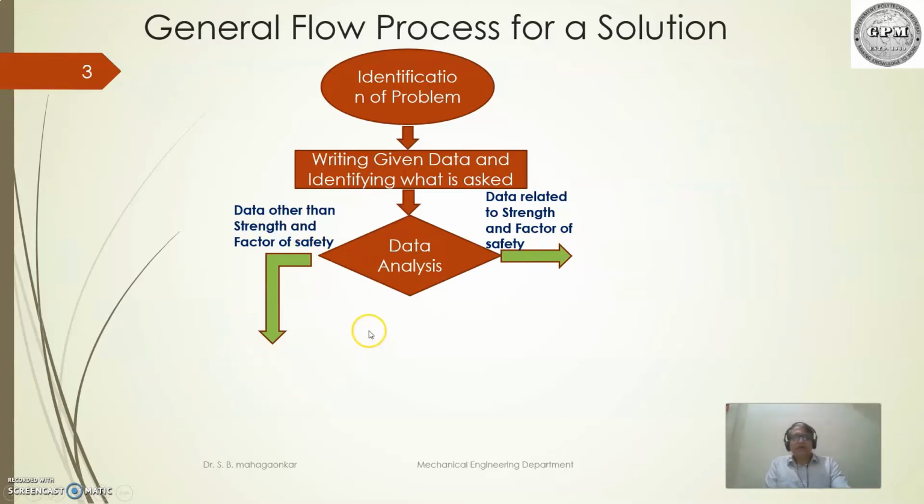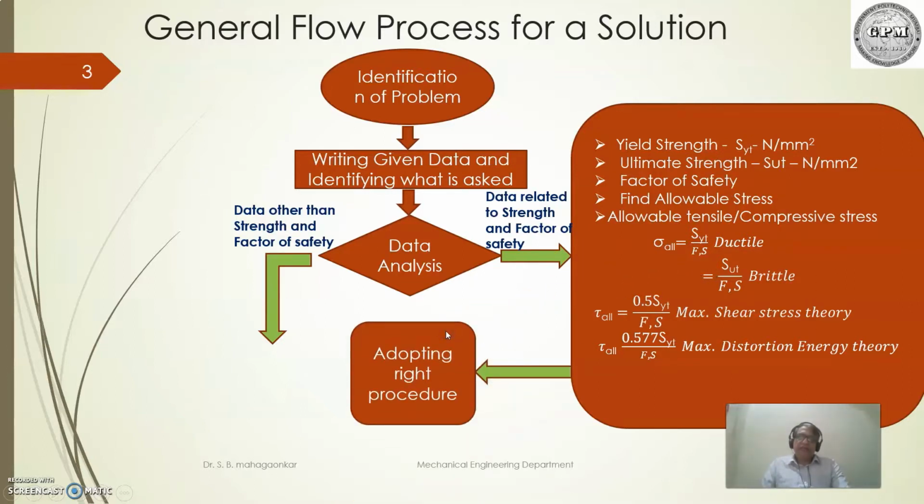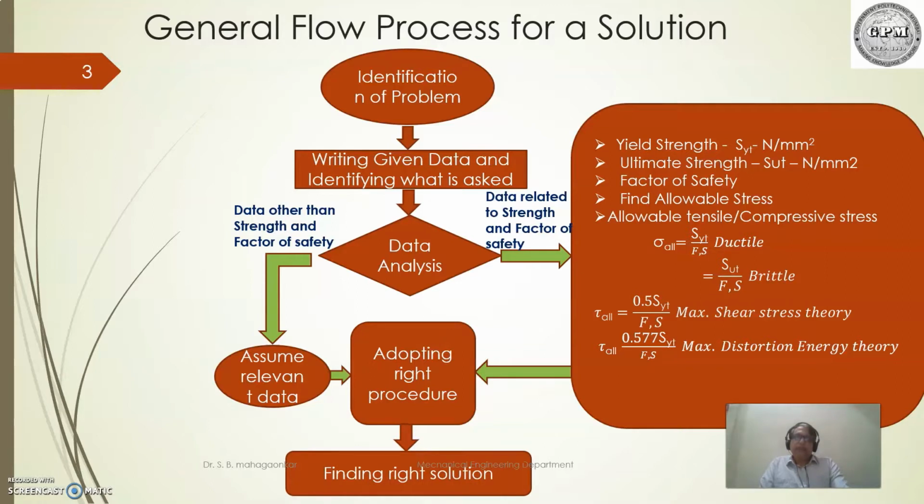Other than that, power, RPM, pulley diameter, the dimensions, whatever things are there, come on the left side. On the right side you will get the strength of the material, how to find it out. This is the first step, the initial step in any design. Then adopting the right procedure and assuming the relevant data if some data are missing, you can solve that problem and get the right solution by adopting the right procedure, right?